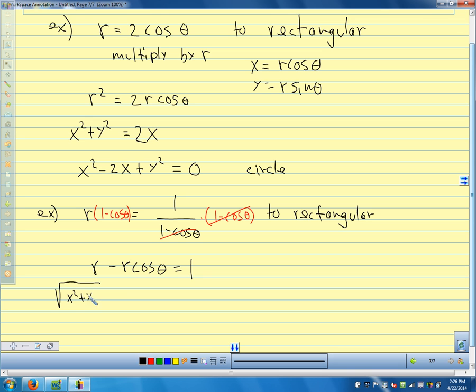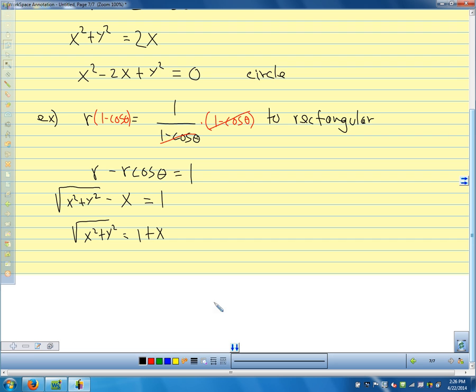Square root of x squared plus y squared minus r cosine theta, which is x, equals 1. I'm going to add the x to both sides. Square root of x squared plus y squared equals 1 plus x.